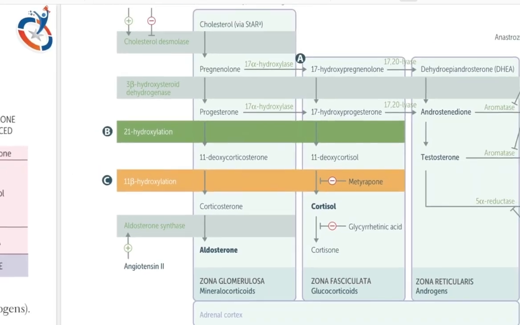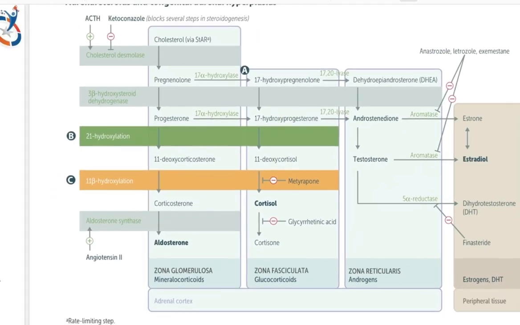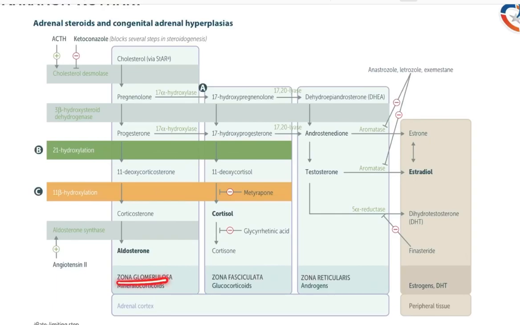So we'll again just talk about aldosterone that happens in zona glomerulosa: cholesterol gets converted to pregnenolone, progesterone, 11-deoxycorticosterone, corticosterone, and then aldosterone. And these are the various enzymes. Is it clear? So this is all about the production of aldosterone.